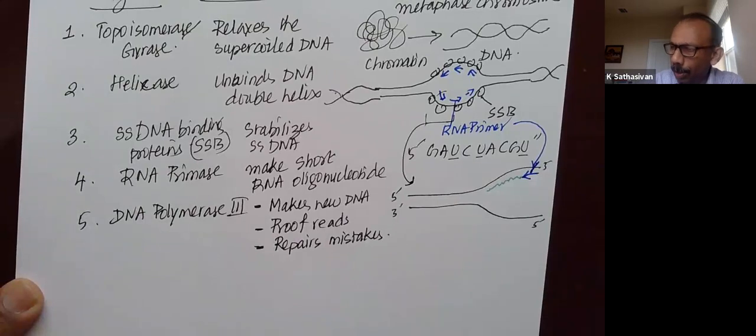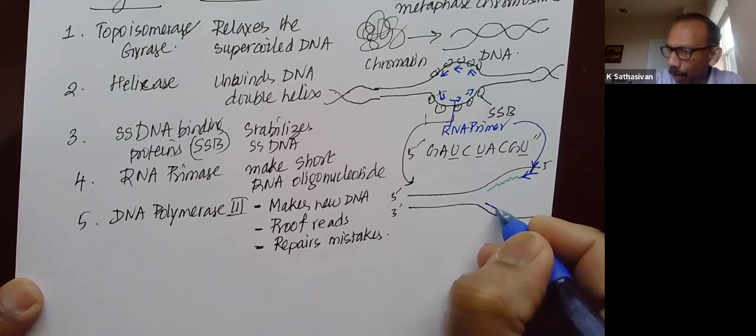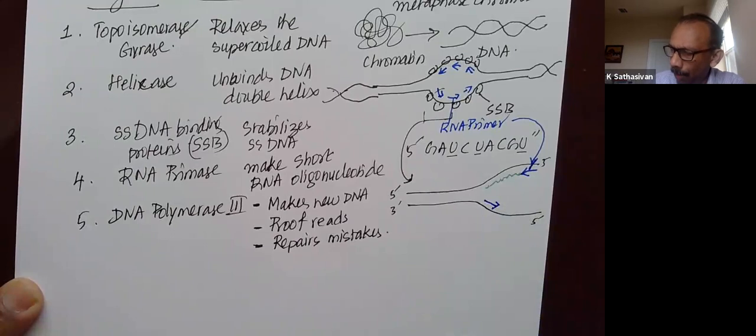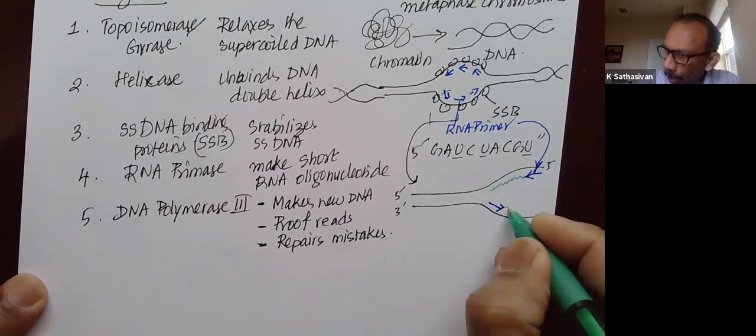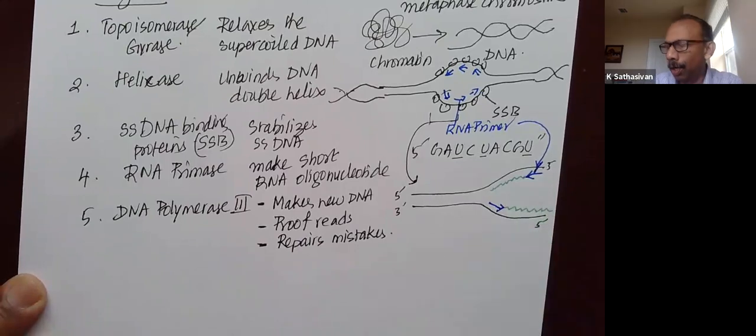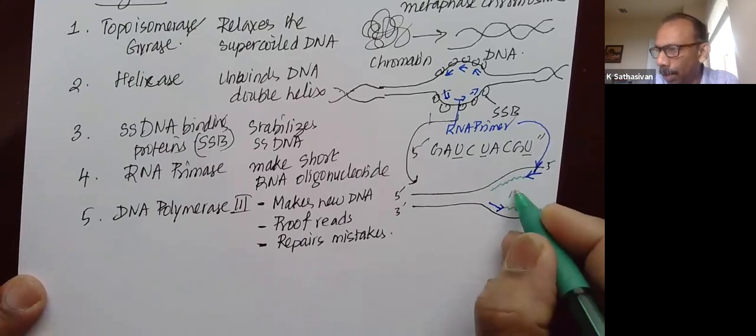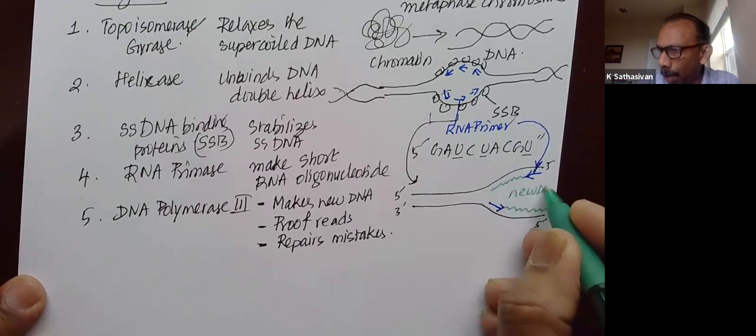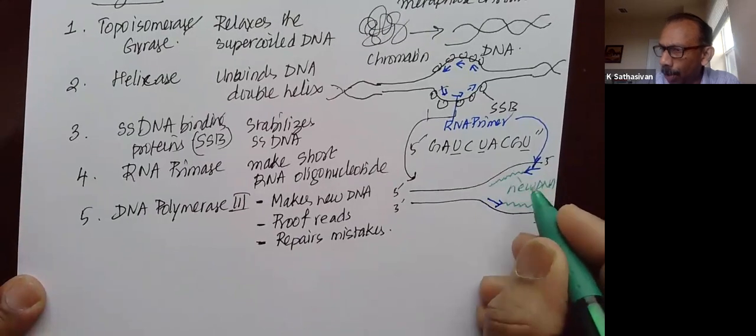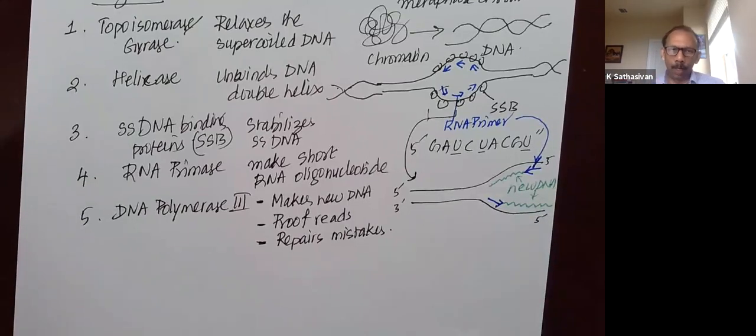The other direction has to go the opposite way. That is how DNA structure works. And so that is the new DNA being made by the DNA polymerase 3. At the beginning, everything looks the same, so no big deal.